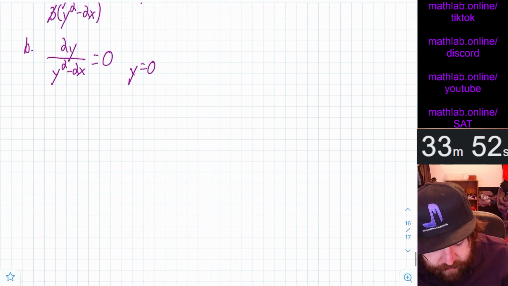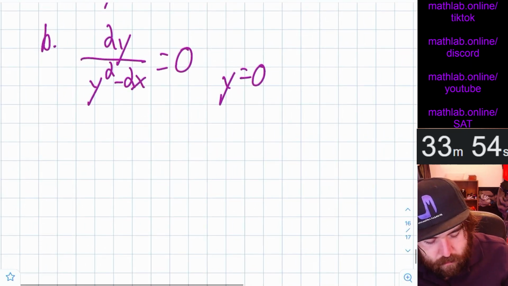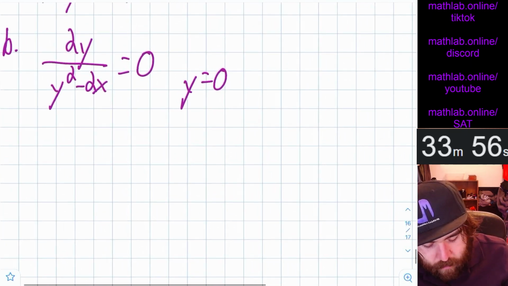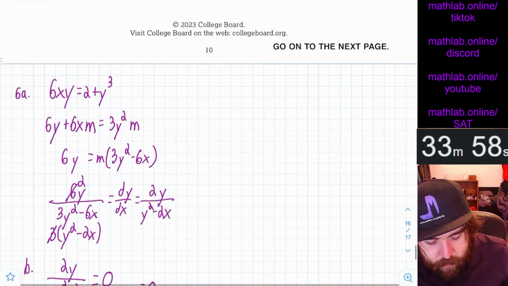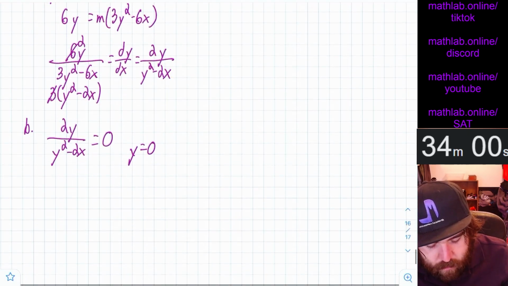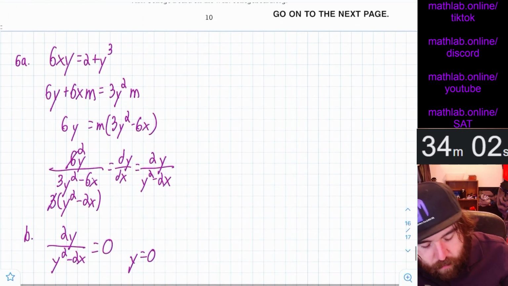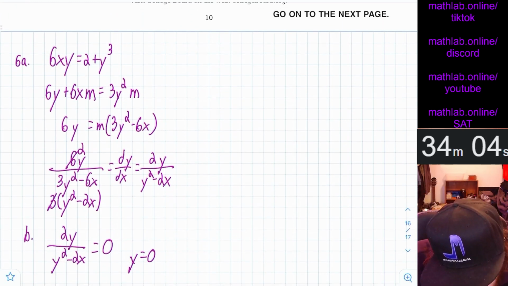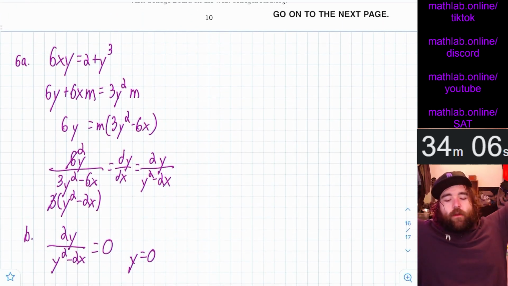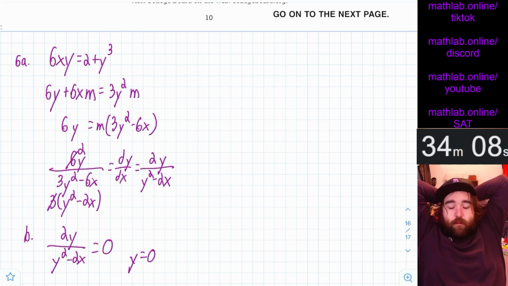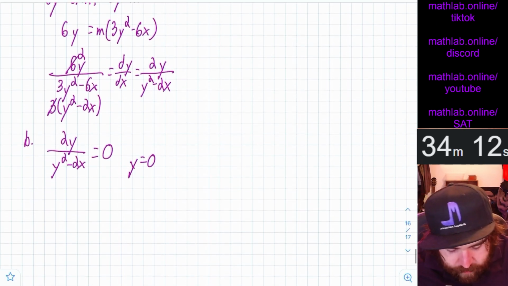Wish I could look at this graph. So at y equals 0, it's got a horizontal tangent line. Well, no. Yeah, but x can be anything. No, x can't be anything when y equals 0. Oh, well, that's undefined. That point's not on the graph.